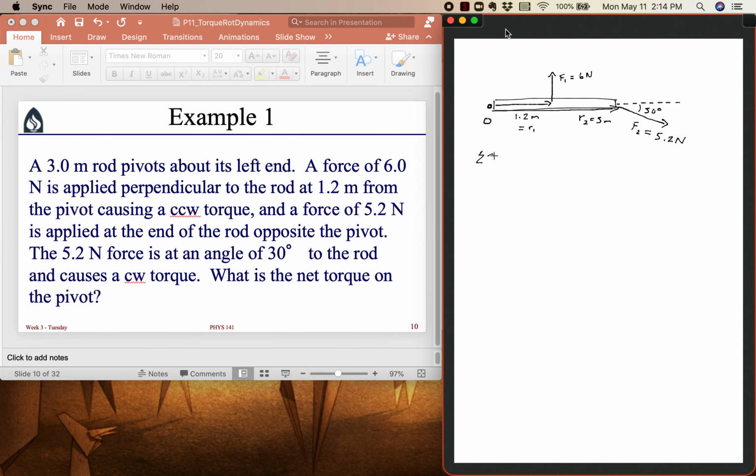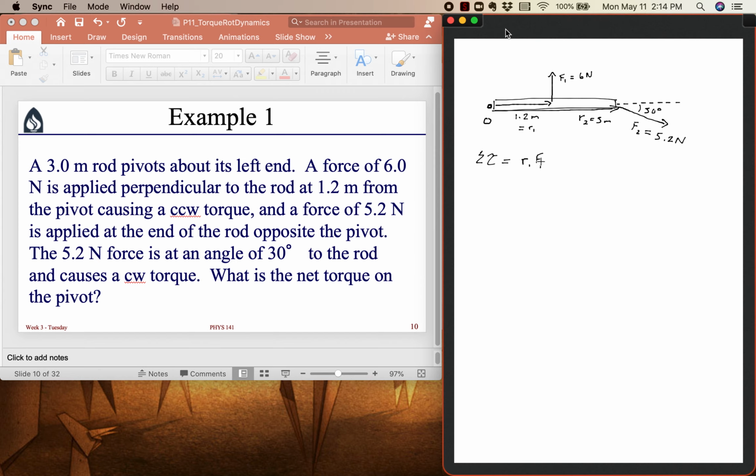So the sum of the torques is going to be equal to the sum of the torques caused by these two forces. So if I concentrate first on the F1 force, then that's going to be equal to R1 times F1 times the sine of the angle between them. But the angle is 90 degrees. The force is perpendicular to the moment arm, and the sine of 90 is equal to 1.